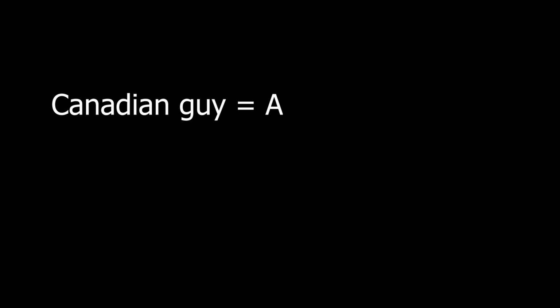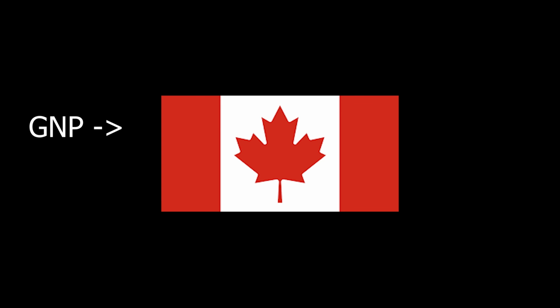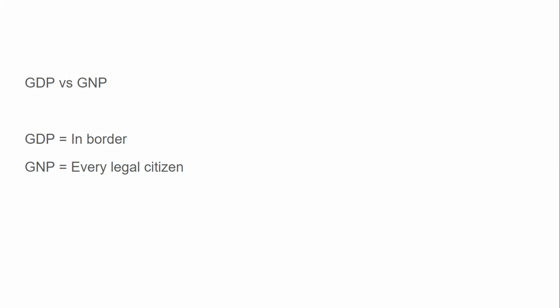However, for GNP, it is calculated for Canada because he is a Canadian. When GDP is calculated, it's geographically within the country, but when GNP is calculated, it can be abroad, but you are still Canadian or wherever you're from. Okay, here's basically what I just mentioned.